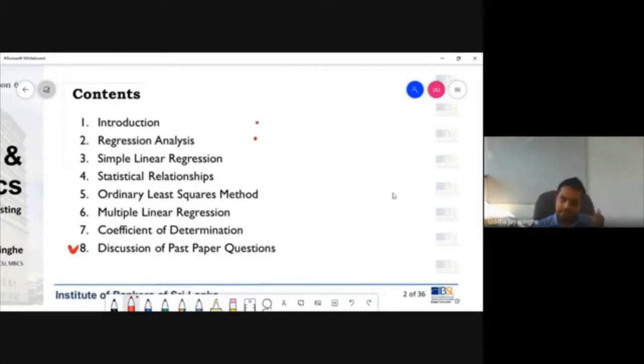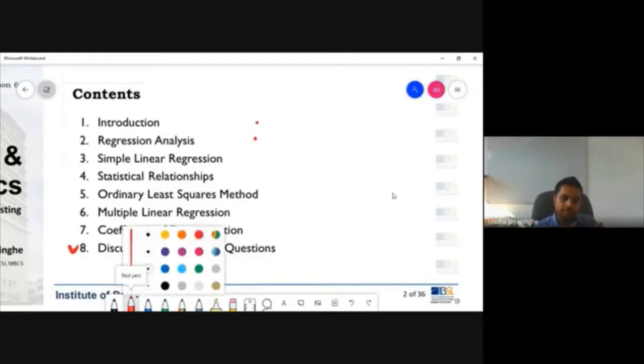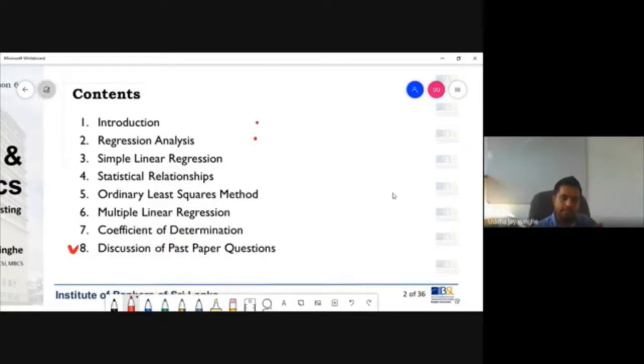The first is simple linear regression, and the second, subject area number 6, is multiple linear regression. These are the two essential branches of today's learning: what is simple linear regression, and secondly, multiple linear regression?